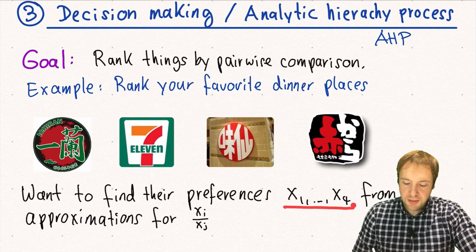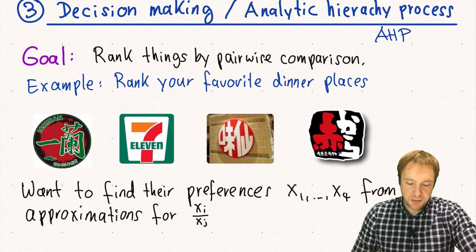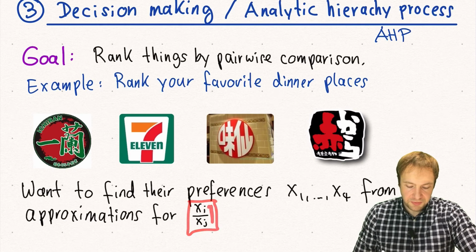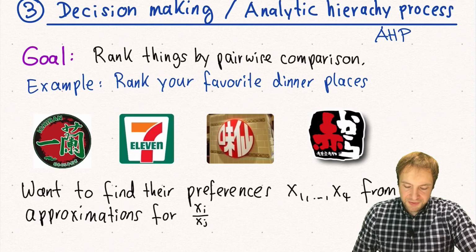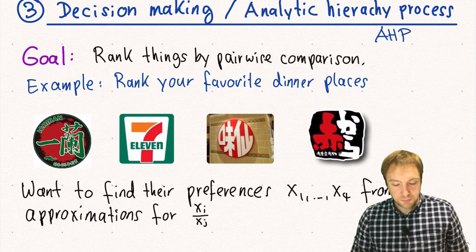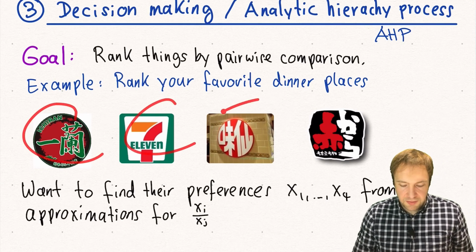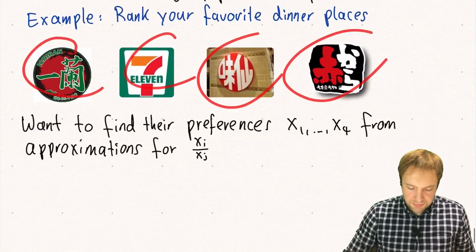So we want to find numbers x1 up to x4, and this we will do by comparing them pairwise, meaning we will have approximations for the fractions of these importance. So this just means that if x1 is more important than x2, then x1 divided by x2 should be a big number. So let's do this in this example here with the Ichidan, 711, Misen, and Akakara.